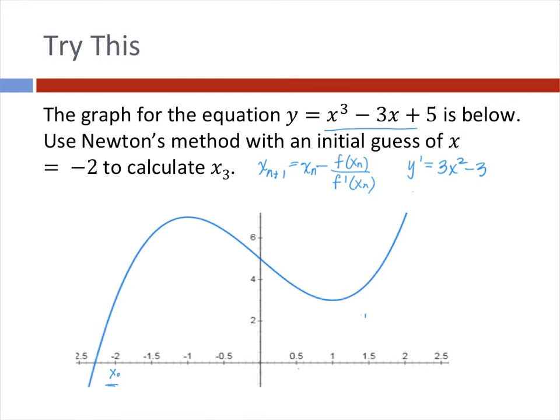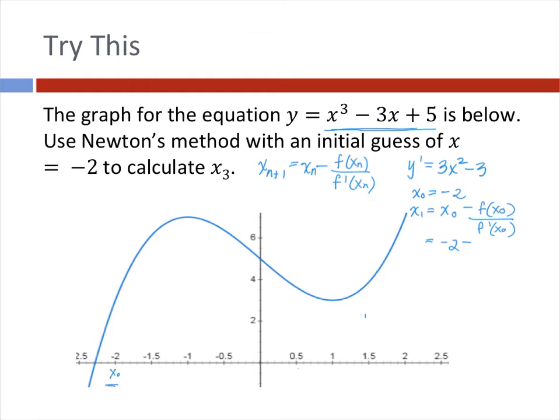We know that x naught is equal to -2. So x sub 1 is going to be equal to x naught minus f of x naught all over f prime of x naught. And in this case, x naught is -2 minus f of x naught means plug x naught into your original function, right?